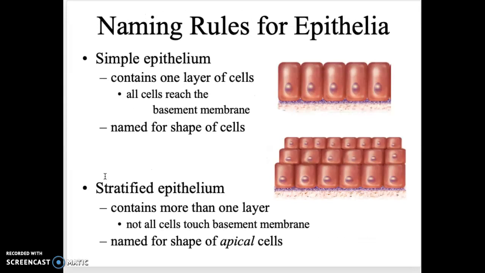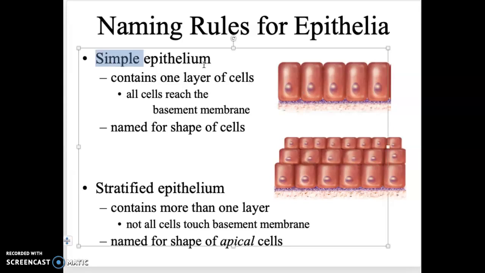They are named in two ways. The number of layers of cells will determine if it's called simple or stratified. Simple means one layer of cells. Stratified is more than one layer.